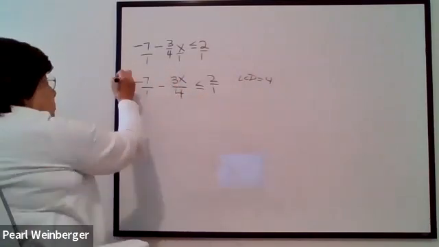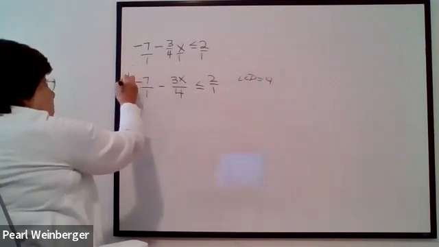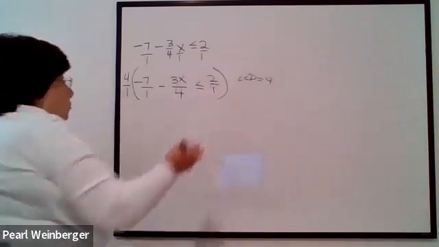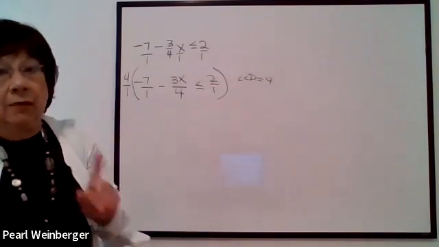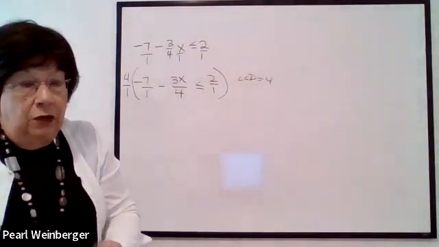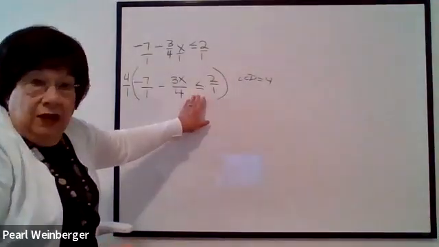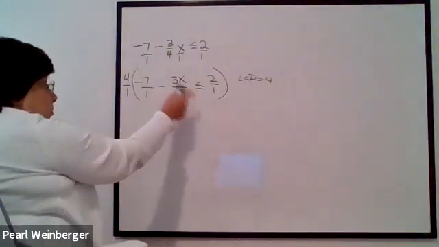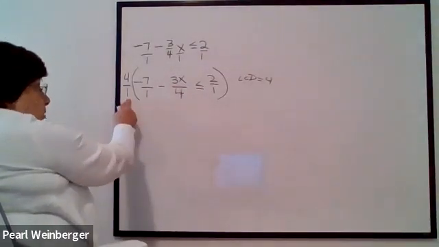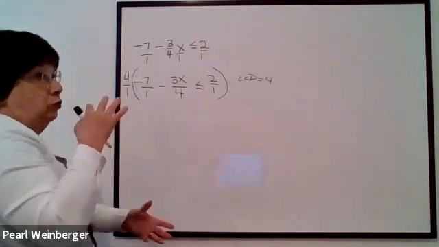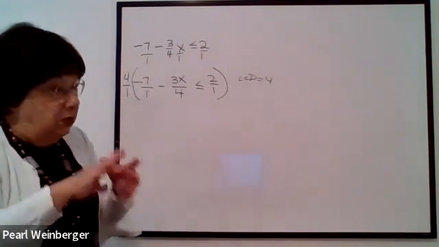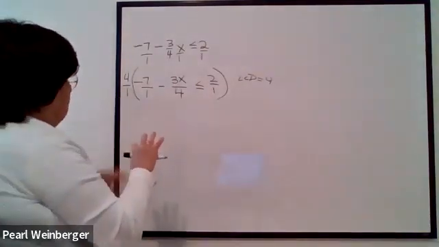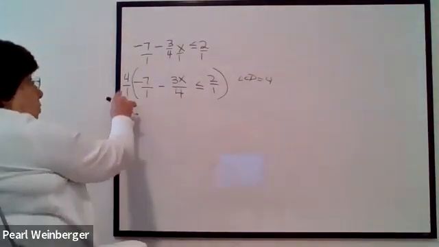So I'm going to multiply this whole equation by 4/1. And since I'm multiplying by a positive number, it will not affect the inequality. Remember, I'm going to distribute this number, multiplying everything. As long as I do the same thing to both sides, I'm not changing my equation.